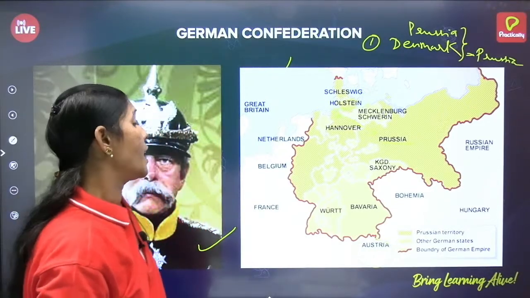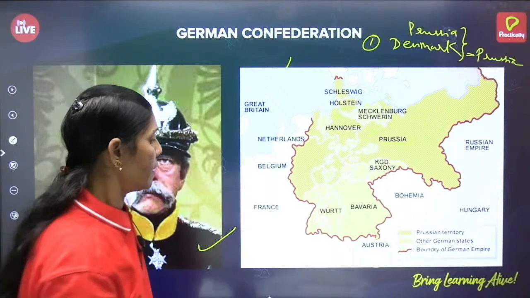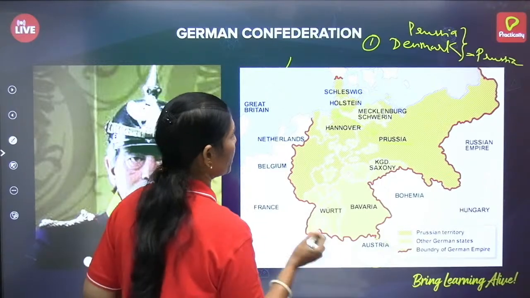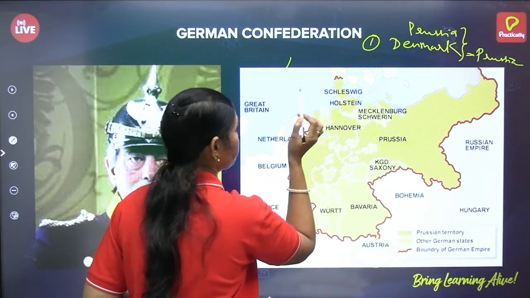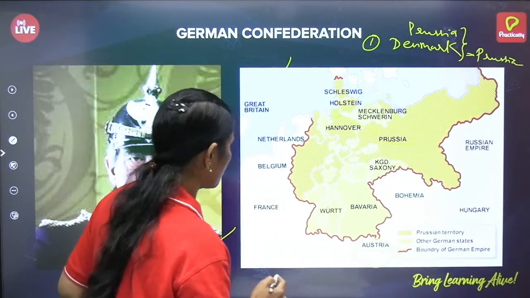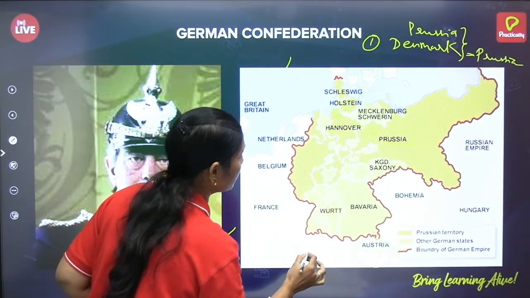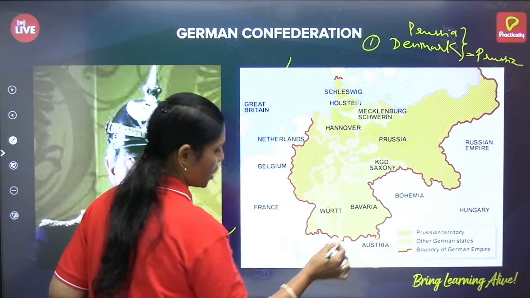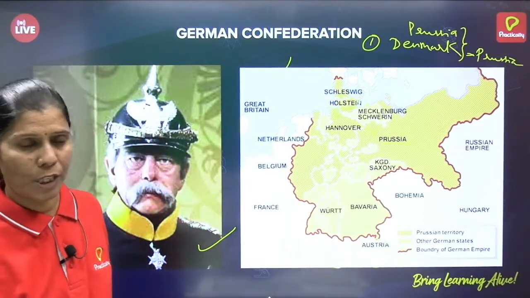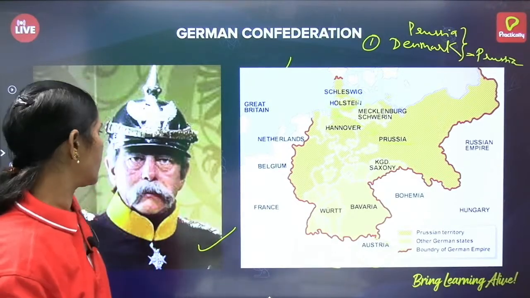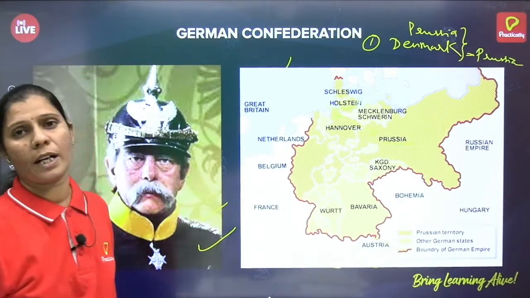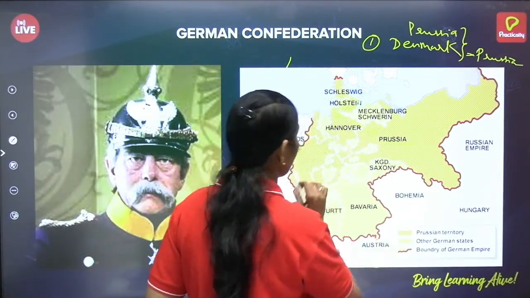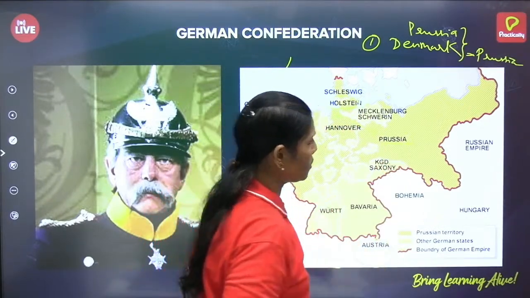Before the war itself, Bismarck pre-planned and offered Austria: once we defeat Denmark, Holstein will be offered to Austria, and Schleswig will be taken by Prussia. This was the condition before the war. Once they defeated Denmark, Holstein was given to Austria and Schleswig to Prussia.